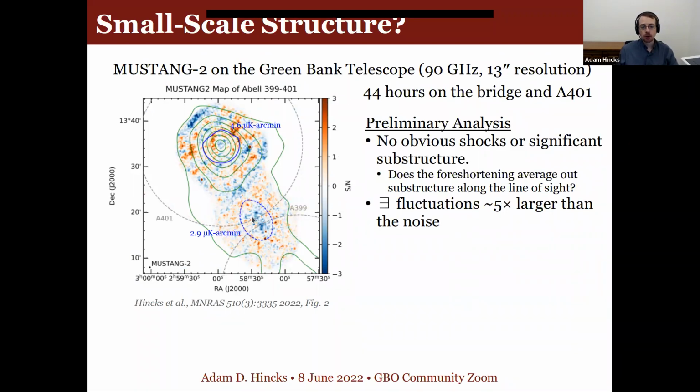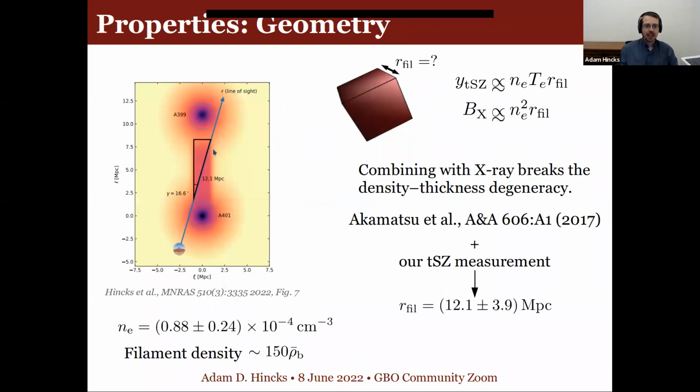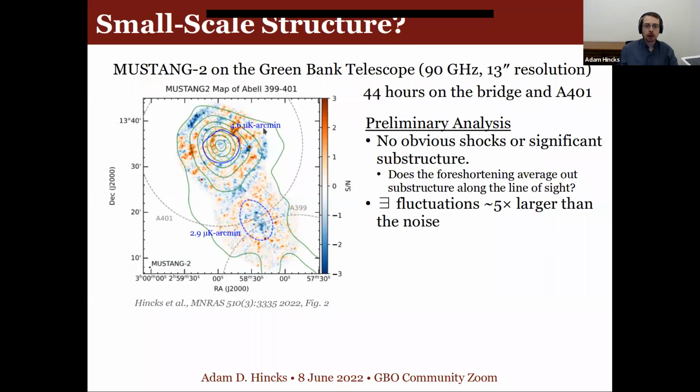But Mustang does this daisy scanning pattern, and it's not really sensitive to scales above about a couple, 2 or 3 arc minutes. So on scales larger than 2 or 3 arc minutes, we don't have any power in our map. That's the reason you don't see Abell 401 jumping out, because Abell 401 is a big smooth structure, and Mustang 2 isn't sensitive to those large scales.